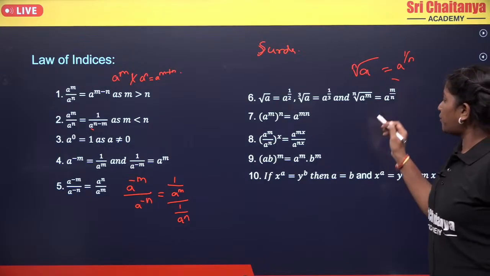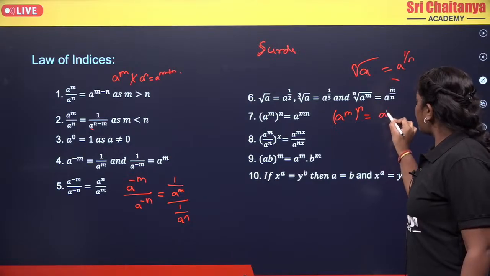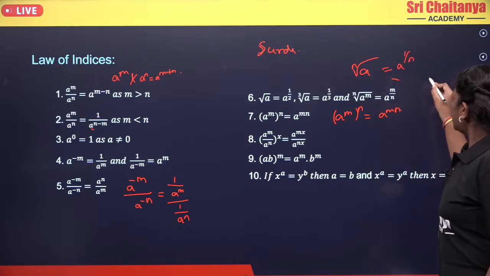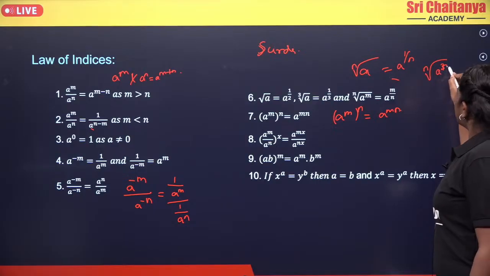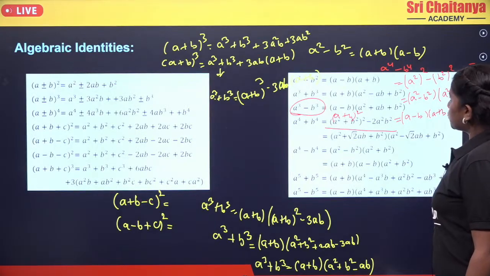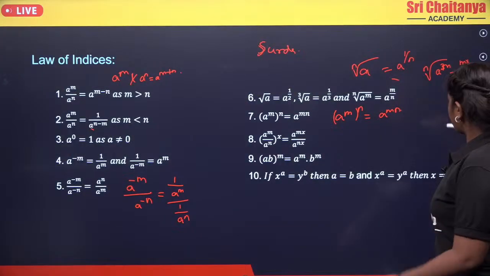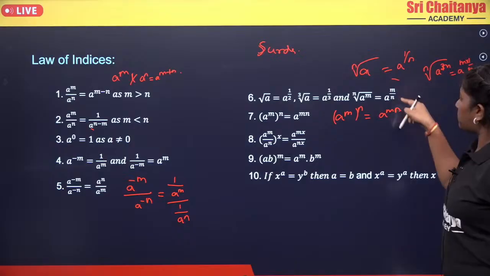Before knowing this, we know that (a to the power m) whole to the power n equals a to the power m into n. In the same way, for the nth root, if you are having a to the power m, then it can be written as a to the power m into 1 by n, which will be a to the power m by n.